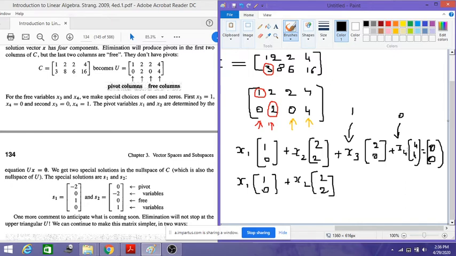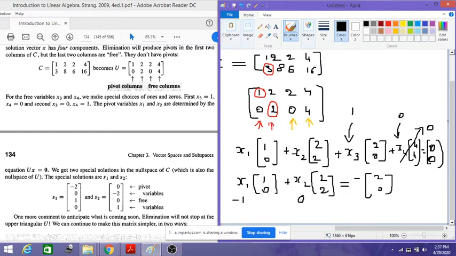For that case, I'll get x1 of 1 0 plus x2 of 2 and 2. Since x4 is 0, this entire term will become 0, and since x3 is 1, I'll send this to the right hand side, so it becomes minus of 2 and 0. To get this right hand side, what are the suitable values for x1 and x2? If I substitute x1 with minus 1 and x2 equal to 0, I'll get this right hand side.